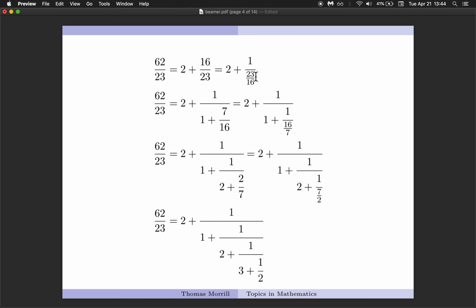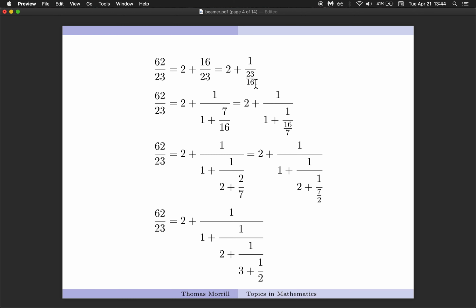Notice that I took my reciprocal, so now I've got 23 on 16. That fraction is larger than 1, which I know because I know that 16 on 23 is less than 1. Reciprocals invert that relationship.